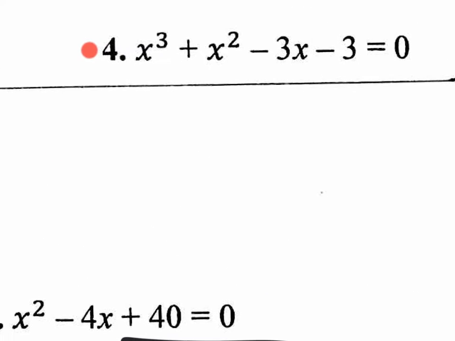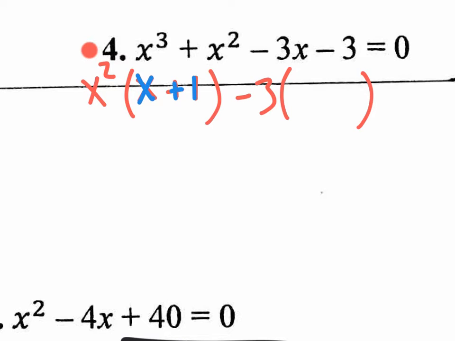Number 4, factoring by grouping. So this is the way to do it. I want to take the first 2 terms and pull out an x squared. If I pull out an x squared, there's going to be an x plus 1 left over. On the other group, if I pull out a -3, I'm also going to have an x plus 1 left over.